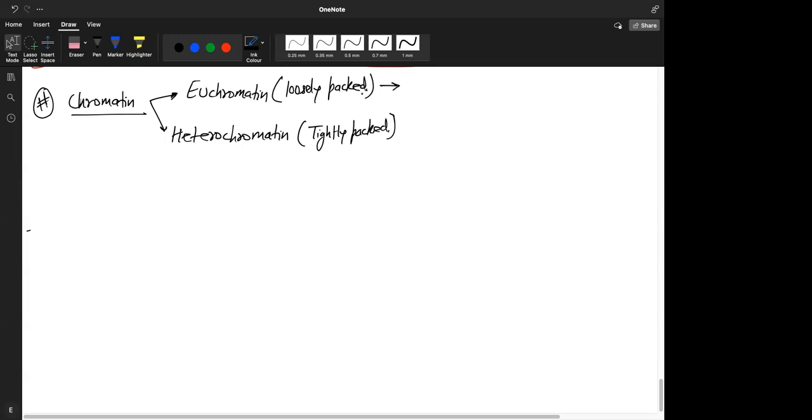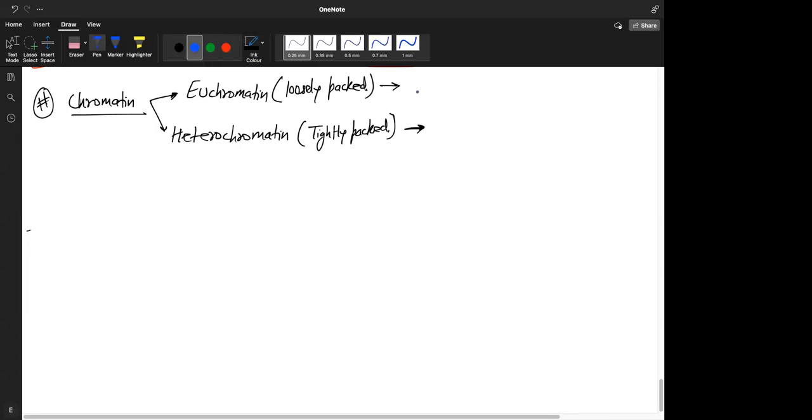And if I send, you are like a dye, you are like a stain. If I send a stain to color that part of the DNA, which part, heterochromatin or euchromatin, will allow the stain to pass through it, and which one will retain the stain? Euchromatin will allow it to pass through it, and heterochromatin will actually stain.